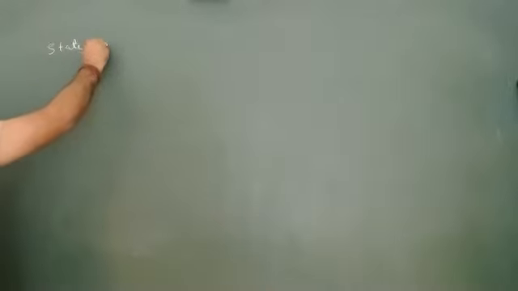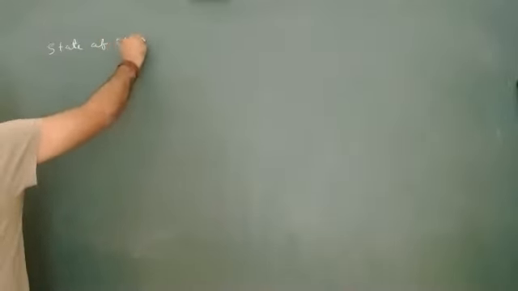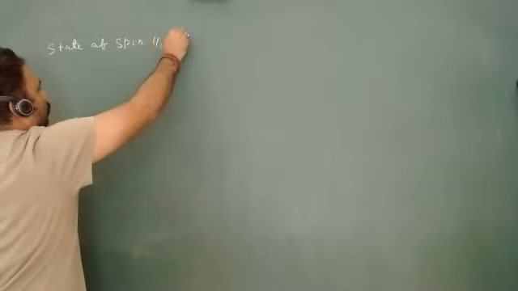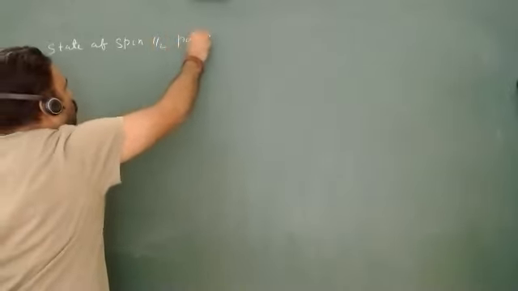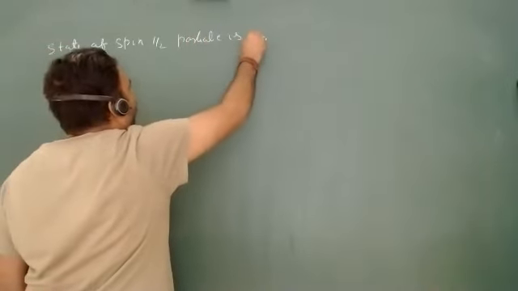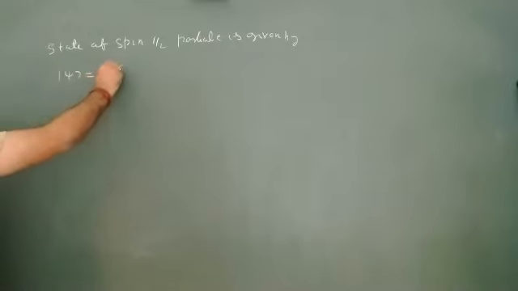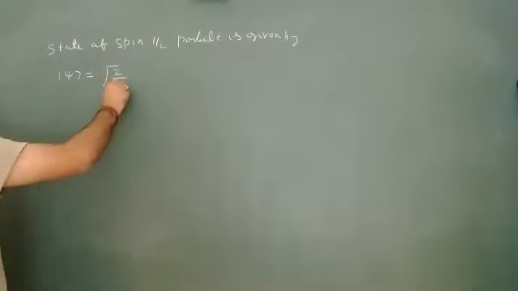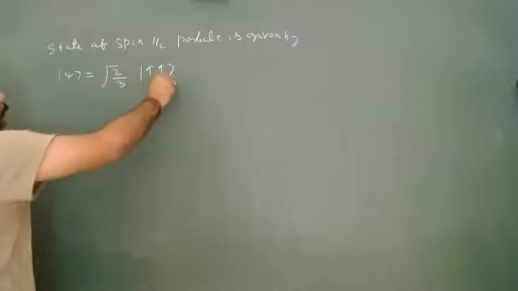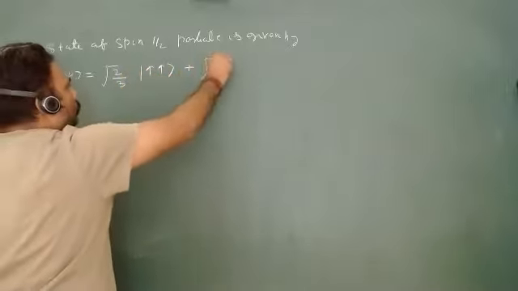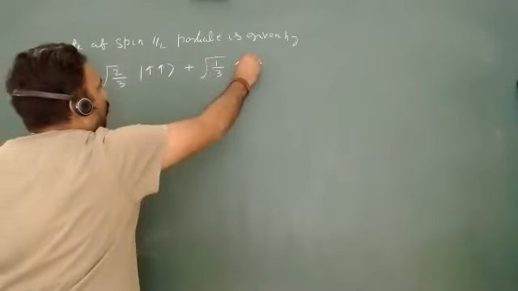The state of a spin half particle is given by psi equal to root 2 by 3 up-up plus root 1 by 3 up-down.